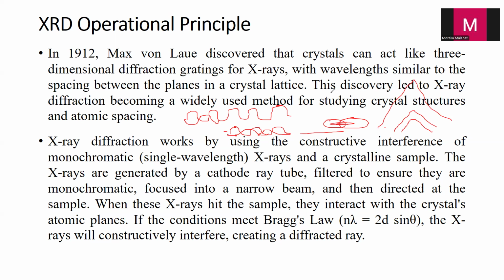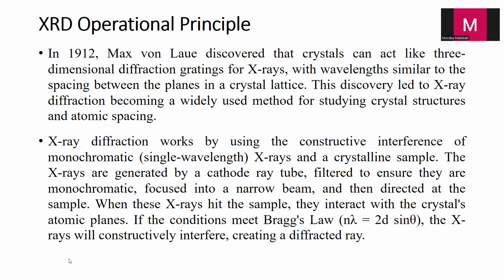So when the X-rays interfere in such a way that they align themselves perfectly, they cause constructive interference, and this is what helps the detector detect the X-ray beams and forms high intensities.